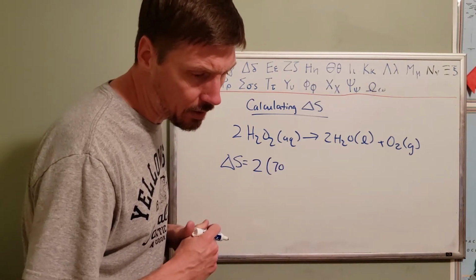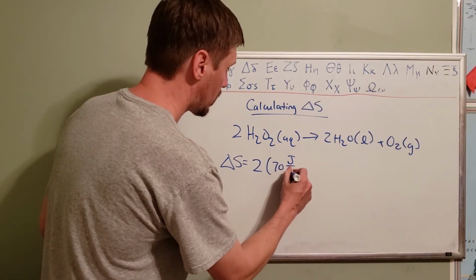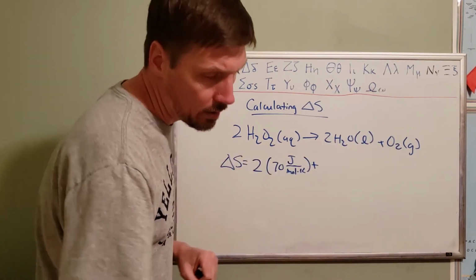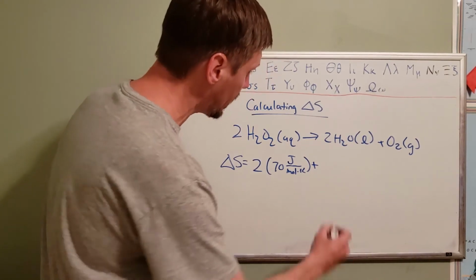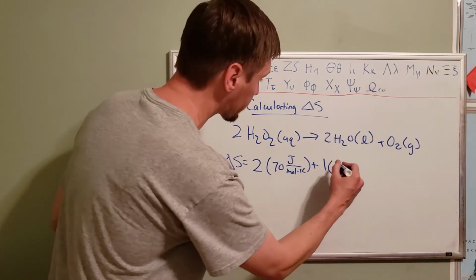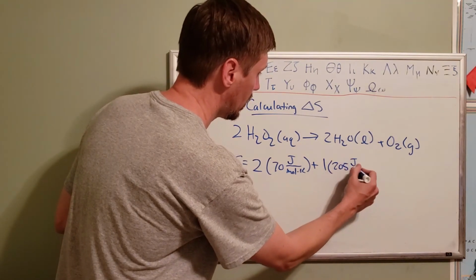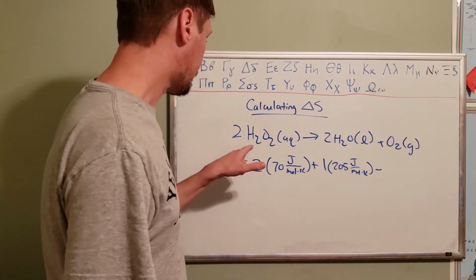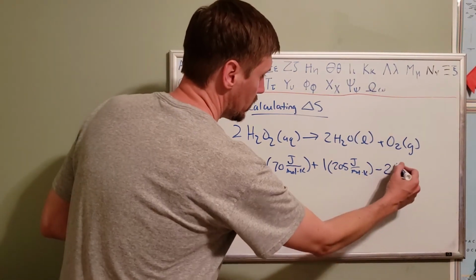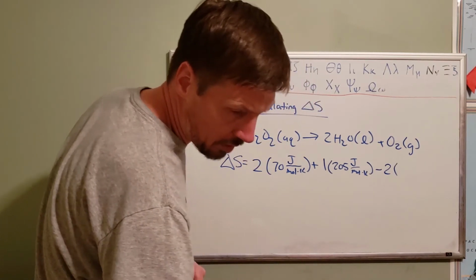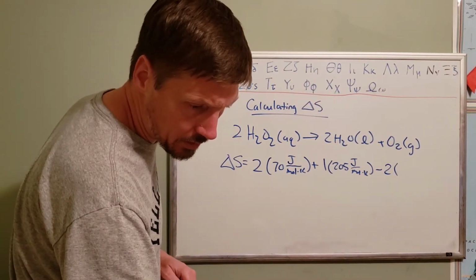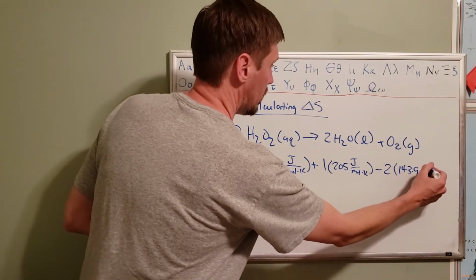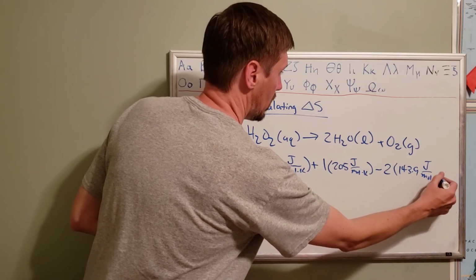Again, our units here are joules per mole K, plus 1 mole of oxygen, and so 1 times 205 joules per mole K, minus 2 moles of H2O2 in aqueous form. And we see that the value of H2O2 is 143.9 joules per mole K.